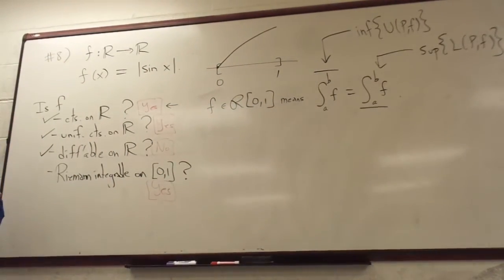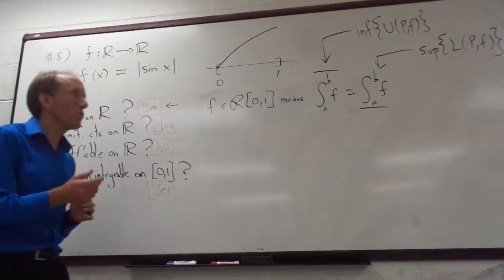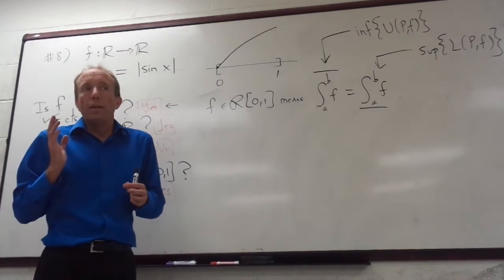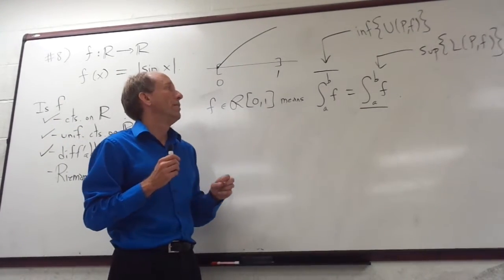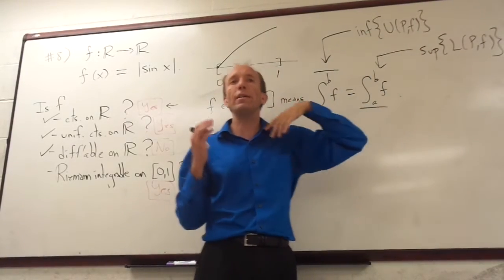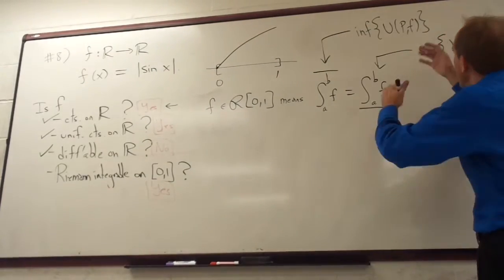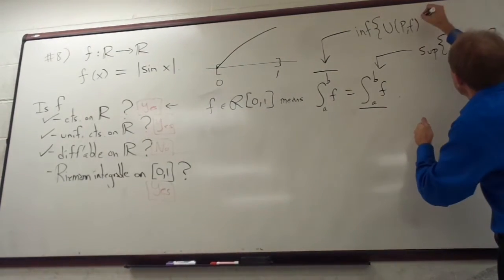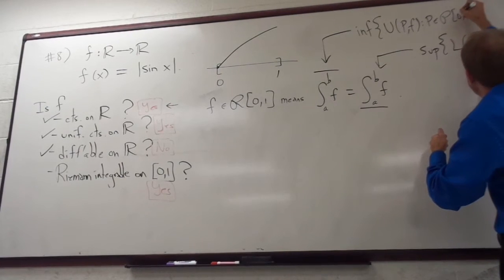So here's the thing, and I didn't quite get to this in the lecture before the break, which is kind of unfortunate. It is very hard to calculate these infimums and supremums directly because you're doing infimums and supremums over, let me just write this very clearly here, over all partitions of the interval AB.